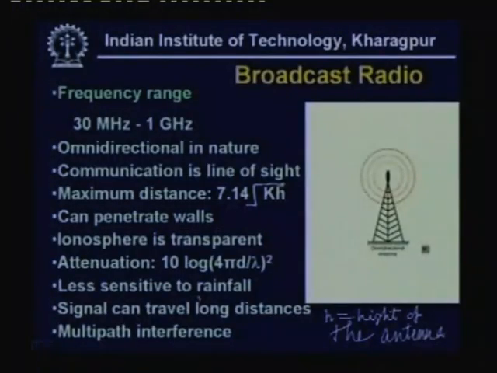So, this is another characteristic of this frequency range, and this type of signal is less sensitive to rainfall. And as I mentioned, the signal can travel long distances, and multipath interference does not exist in this particular case.